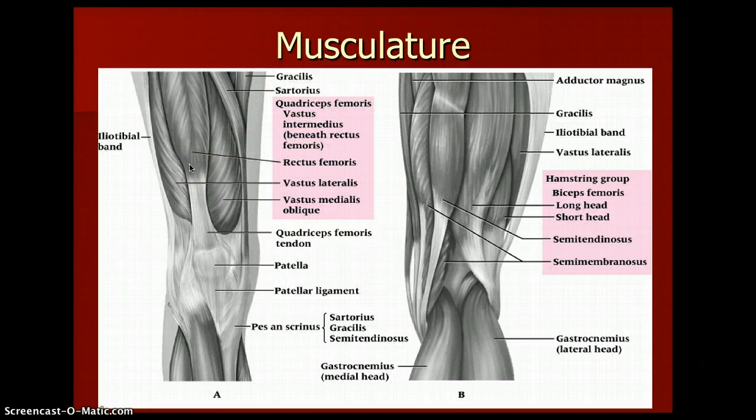It's a lot bigger. So if this vastus medialis is very weak, then there's really not much to keep it in line. So that's going to be one of the major muscles to control patellar tracking.